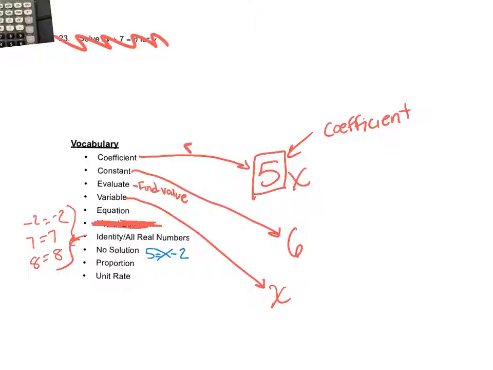That's not true. You can't do it. A proportion is when two fractions are equal to each other, are equivalent. And unit rate you're not going to have on this quiz, but remember that a unit rate is the rate for one item.